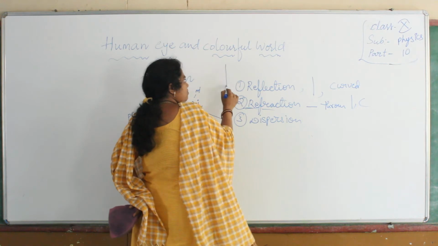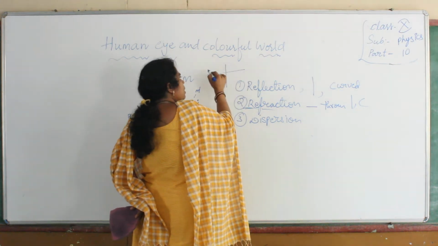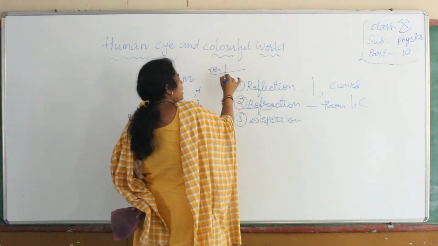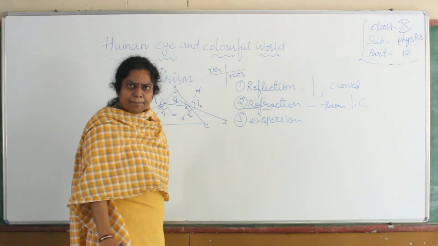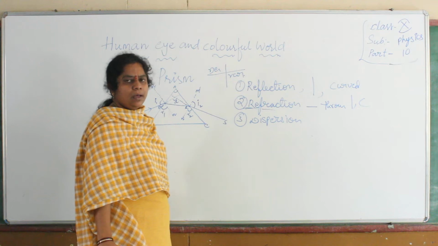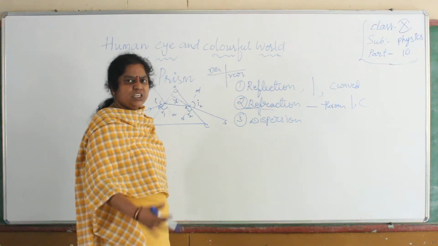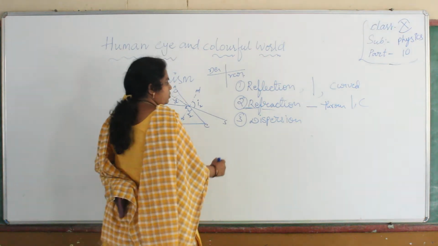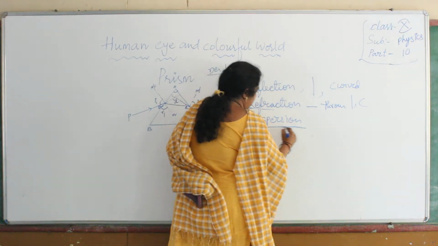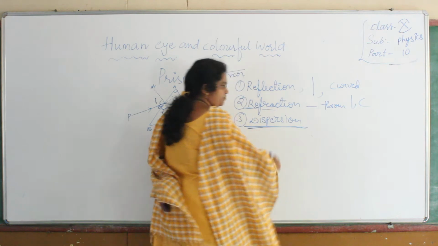When light is passing from a denser medium to a rarer medium or a rarer medium to a denser medium, it will take a bend because of a change in velocity, because of change in speed. That already we discussed. Now we are going to discuss dispersion of light.